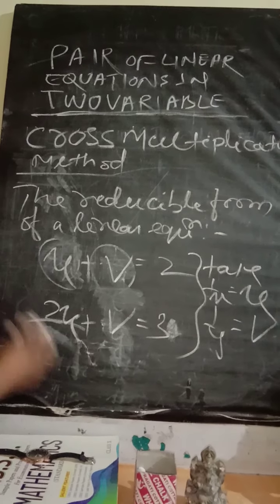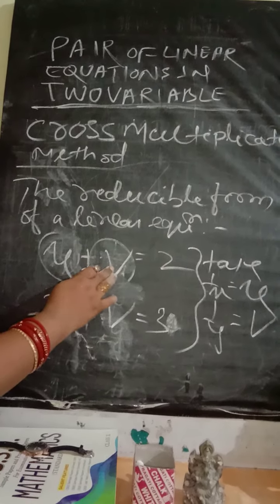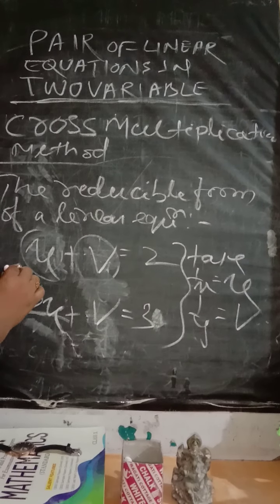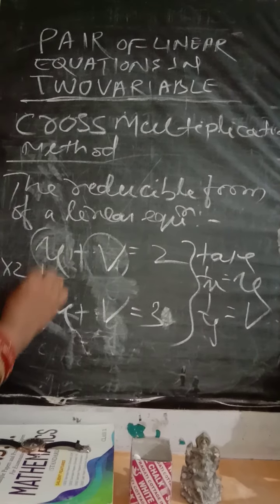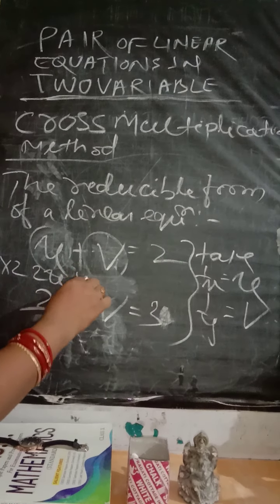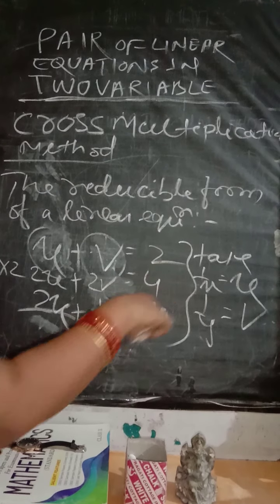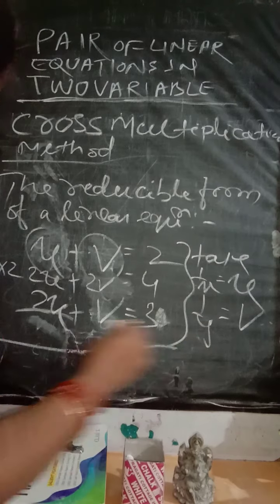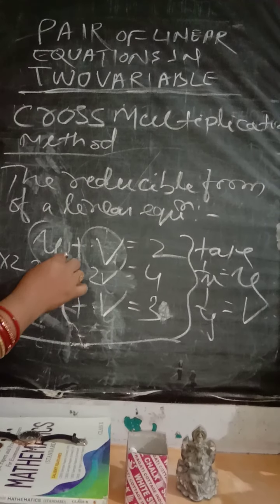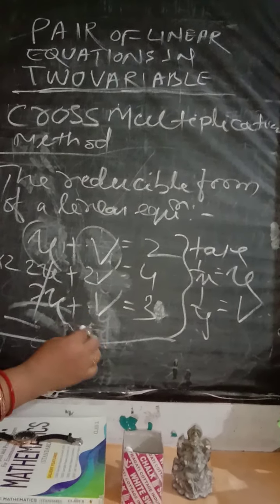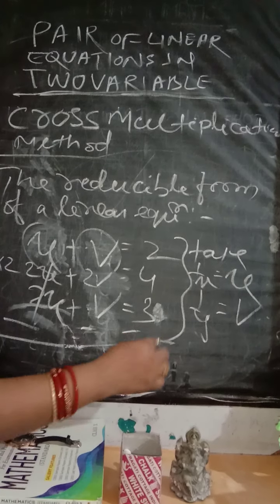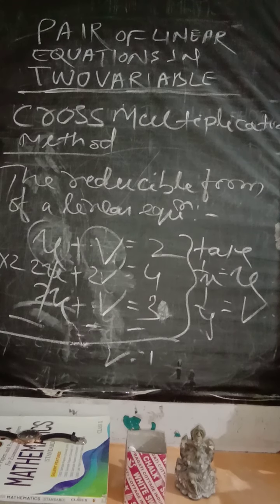Then solve: u plus v is equal to 2, multiply 2 in equation 1. What will it be? 2u plus 2v is equal to 4. Now subtract: 2u cancels, 2v minus v is equal to v, 4 minus 3 is equal to 1, so v is 1.